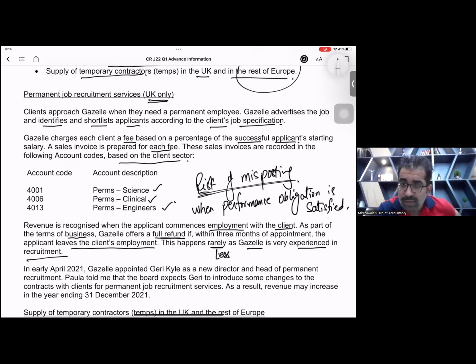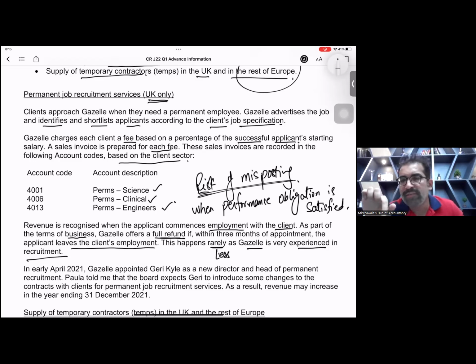Now here the refund is the same thing as variable revenue. For example, right now, at the time of the initial dealing, we don't know whether the employee will leave within 3 months or not. If the employee leaves within 3 months, then we need to give a refund, otherwise no. So this should be dealt with according to variable revenue.